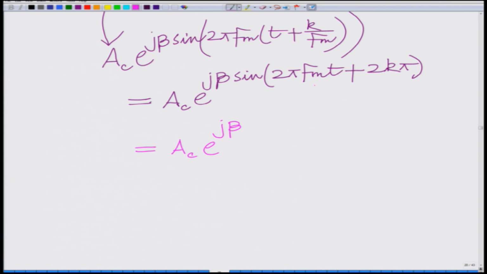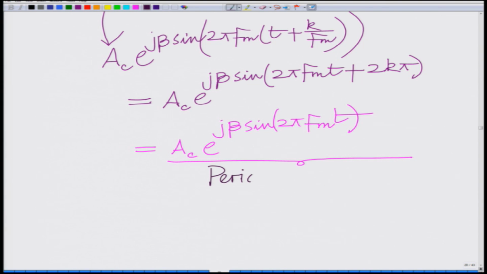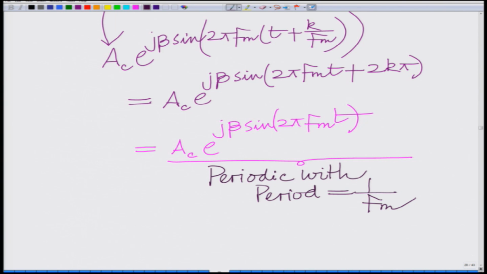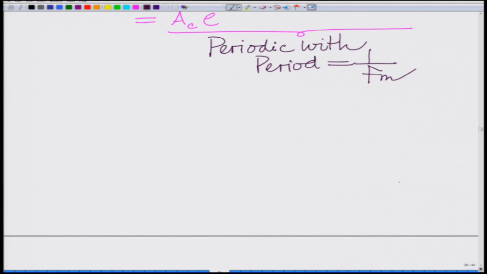Therefore, this is periodic with period equal to 1 over fm.